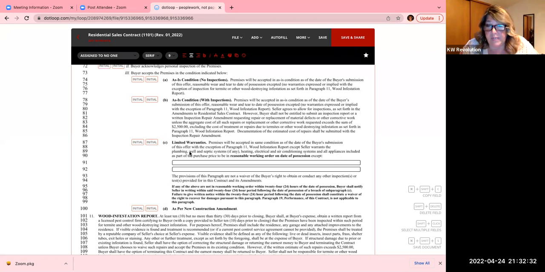So it also means, the fact that it's warranted also means not just that you're allowed to get inspections and that you're allowed to submit a repair amendment and request that things be repaired, but it also means that the day of possession, all these items should be in working order unless the seller says right here that they are not warranting them. So you'll see a lot of times, you'll see sellers come back with appliances not warranted.